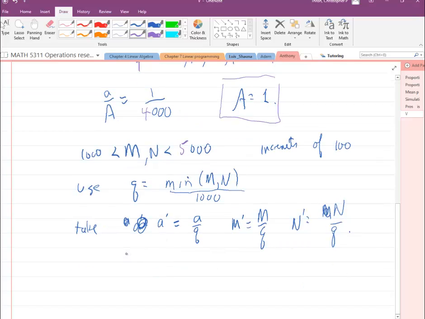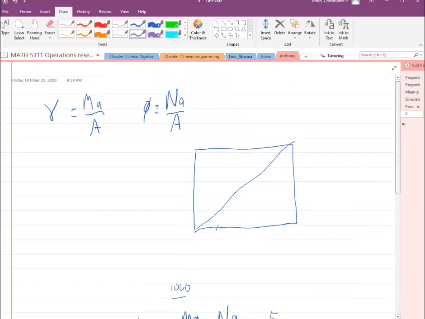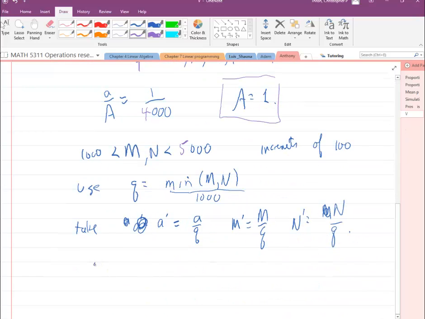Because if I take the gamma, which is MA over A, that's the same as M prime times A prime over A. So in other words, instead of using M and A, I can use M prime and A prime. And those numbers may be smaller.